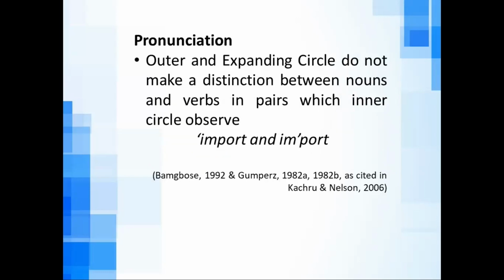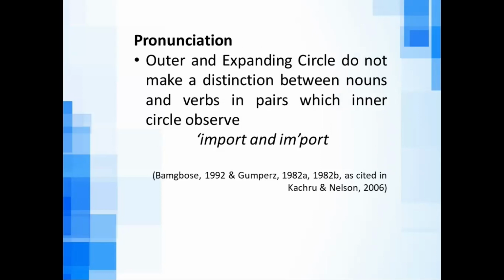Moreover, speakers from the outer and expanding circles do not make any changes in their pronunciation to make a distinction between nouns and verbs in pairs, which the inner circle usually observes.